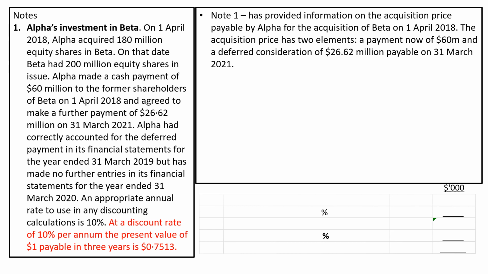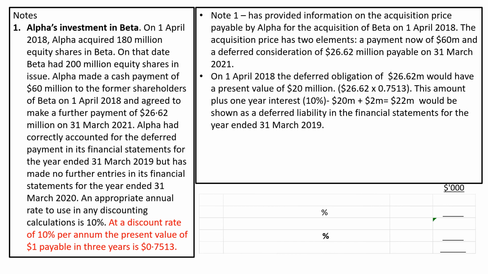As we are asked to prepare the consolidated income statement for 31st of March 2020, what is relevant here is the deferred consideration of 26.62 million.